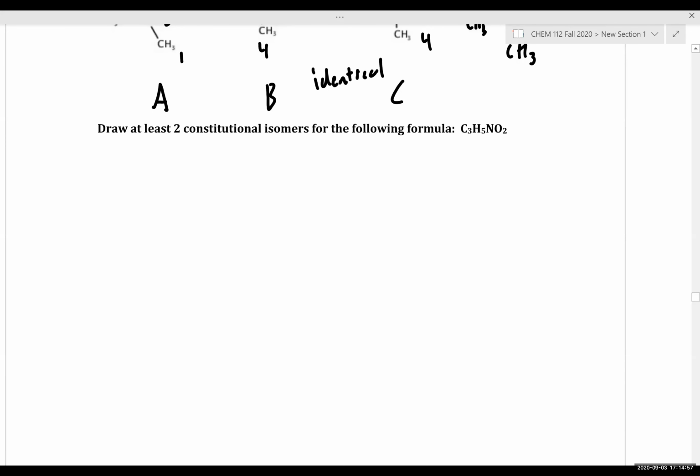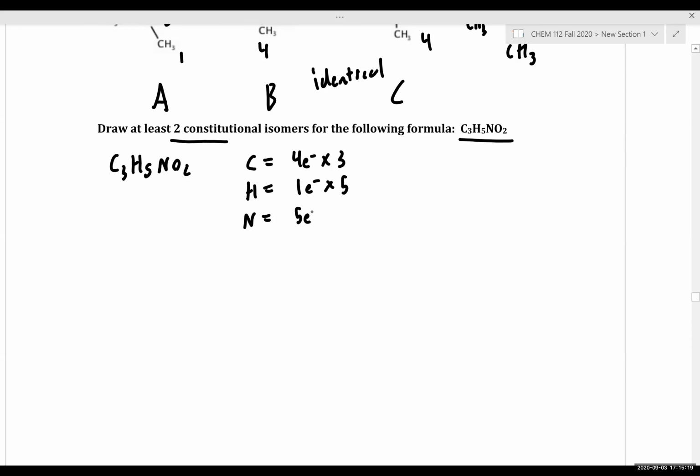So we're asked to draw at least 2 constitutional isomers for the following formula. So we have C3H5NO2. Okay, I'm going to count my electrons. For carbon, we have 4 electrons and we have 3 carbons. For hydrogen, we have 1 electron and we have 5 hydrogens.